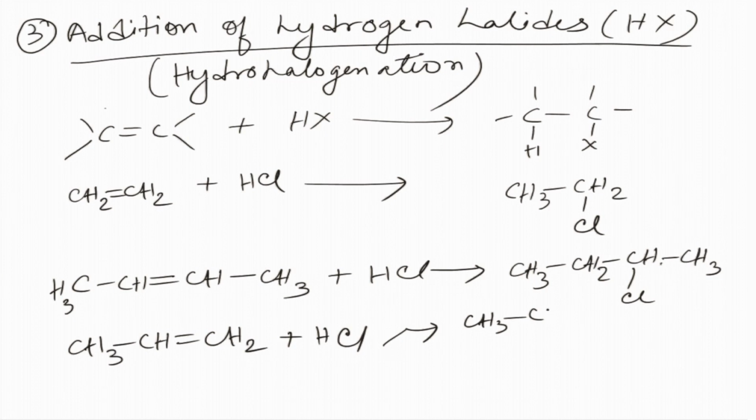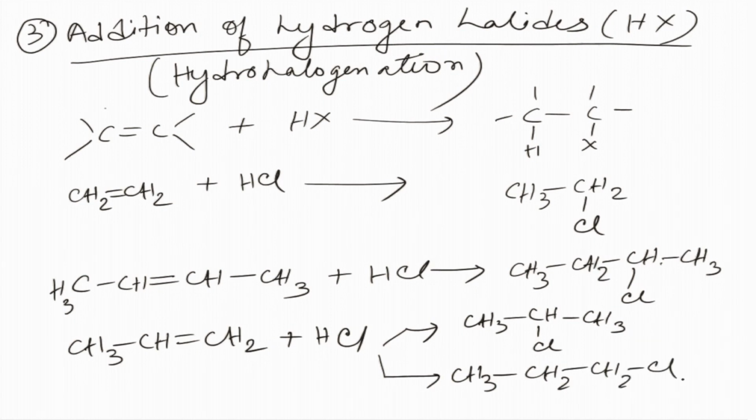One possibility can be this, and another possibility can be this. So, where will the chlorine go and where will the hydrogen go? Similar thing will happen if we take 1-butene, then also similar two products will be formed, right? So, how will we know where the hydrogen will add and where the chlorine will add?